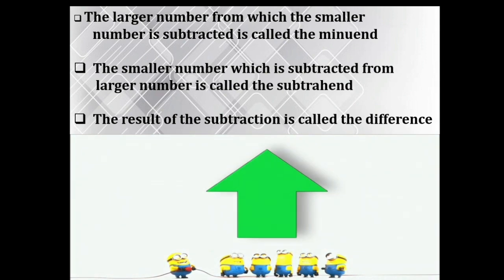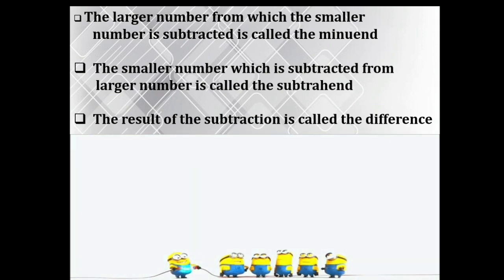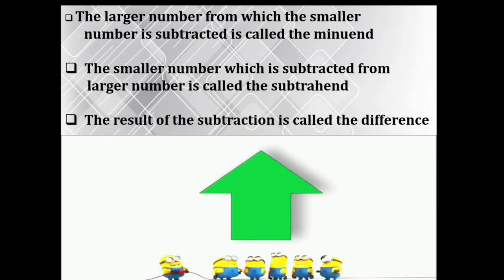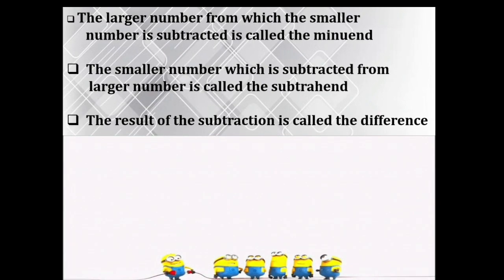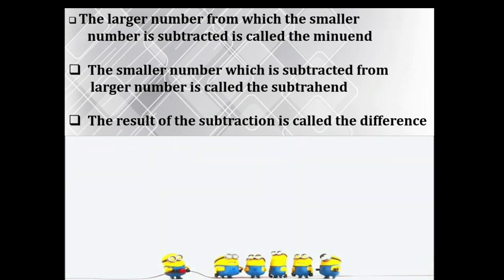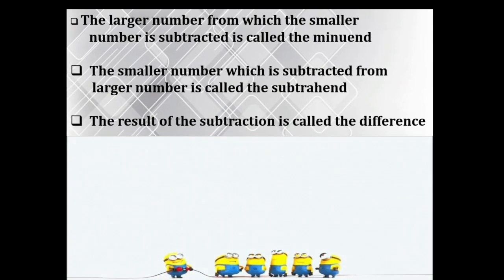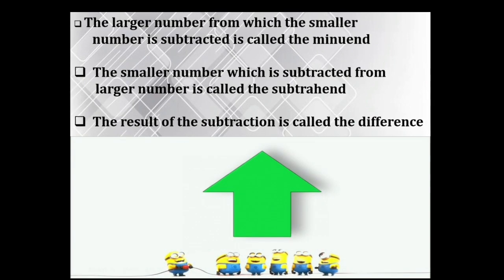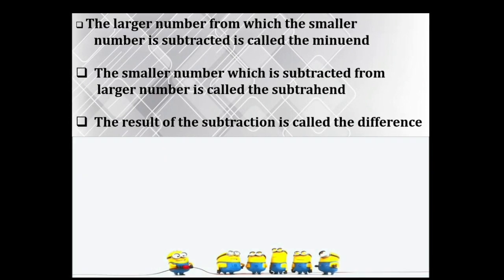Before we proceed, there are some terms which we should know. The larger number from which the smaller number is subtracted is called minuend. The smaller number which is subtracted from the large number is called subtrahend, and the result of the subtraction is called the difference.